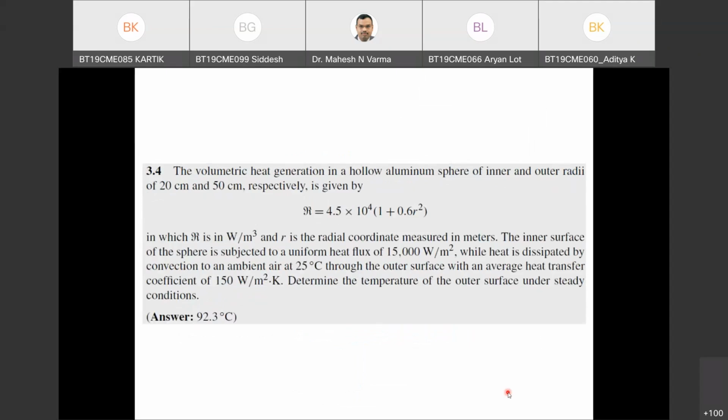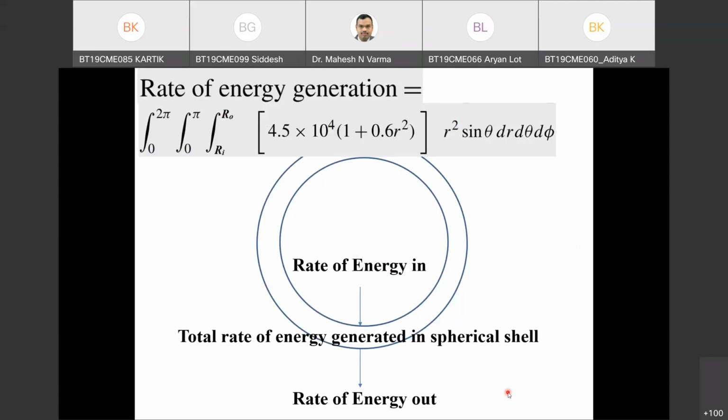Can we take a differential volume at distance r from the center and calculate dq, the total heat of that differential volume, which is volumetric heat generation into dv, that is 4 pi r square into dr into 4.5 into 10 raised to power 4 into 1 plus 0.6 r square, and integrate this heat from 0.2 to 0.5, with the limit for dq from 1500 to the upper limit, 115 to T minus 25.